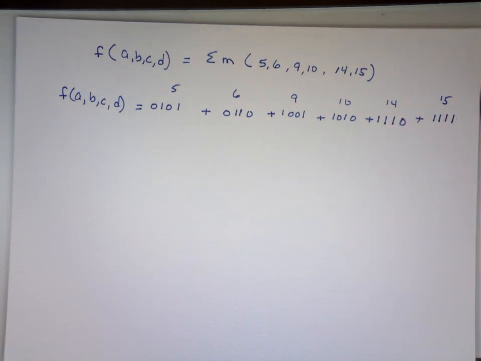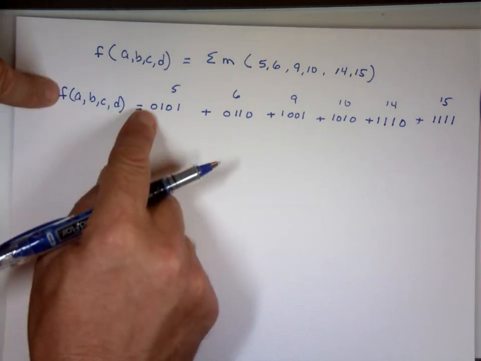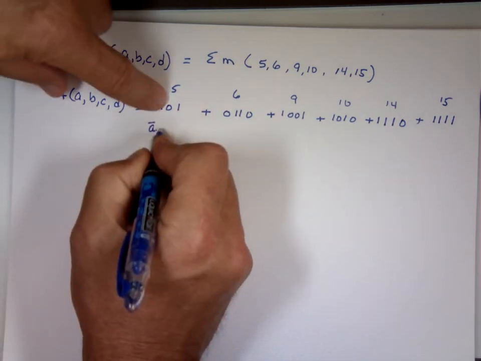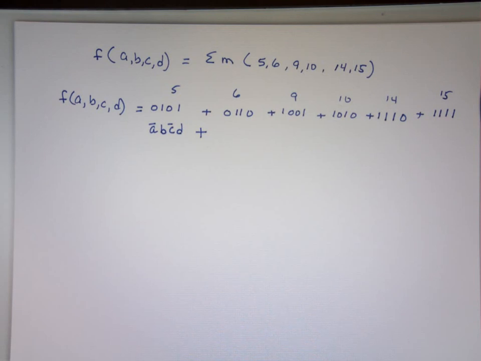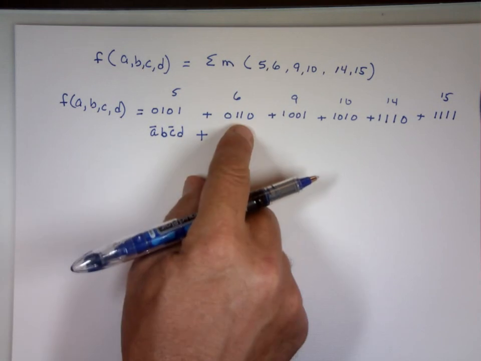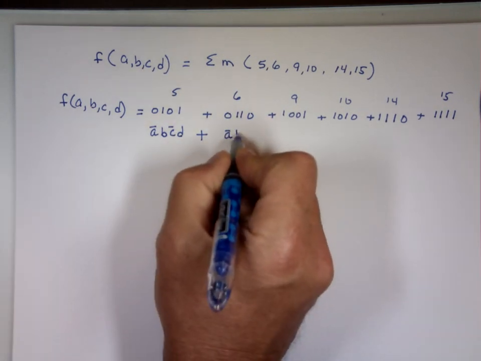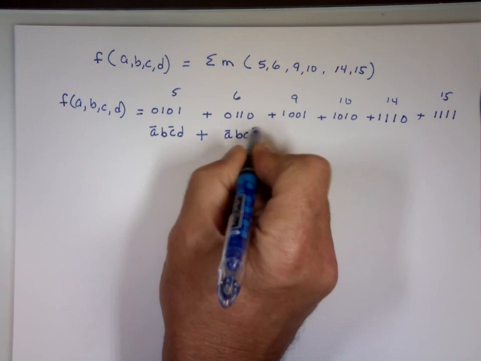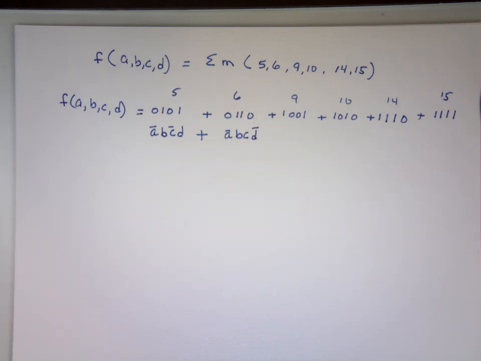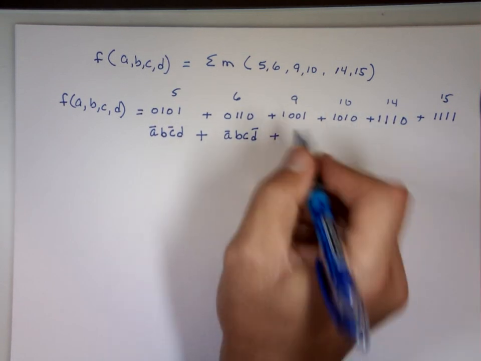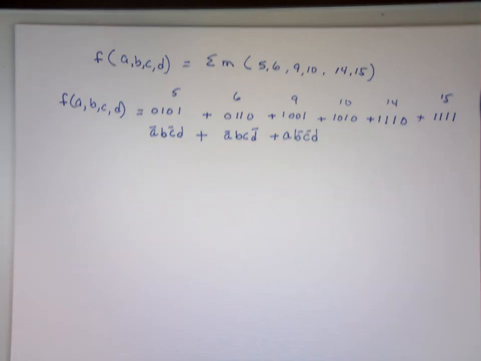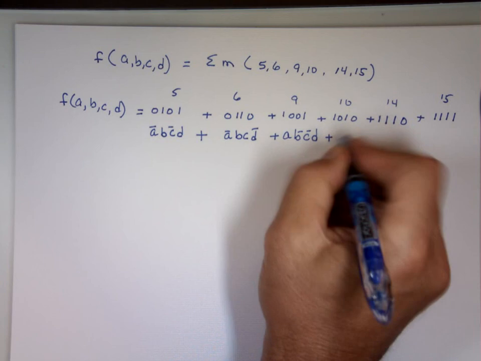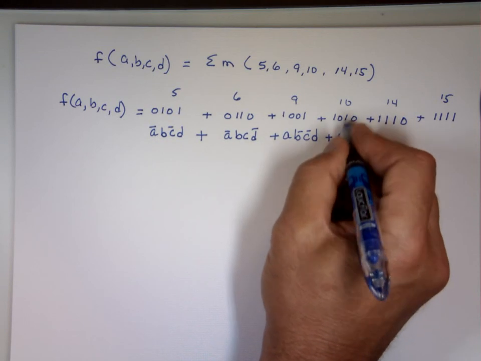So you want A to be 0, right? So that's A naught, B, C naught, D. That's what the 5 is. I want A to be 0, B to be 1, C to be 0, D to be 1. This one, A naught, B, C, D naught. This one is what? A, B naught, C naught, and D. This one, A, B naught, C, D naught.